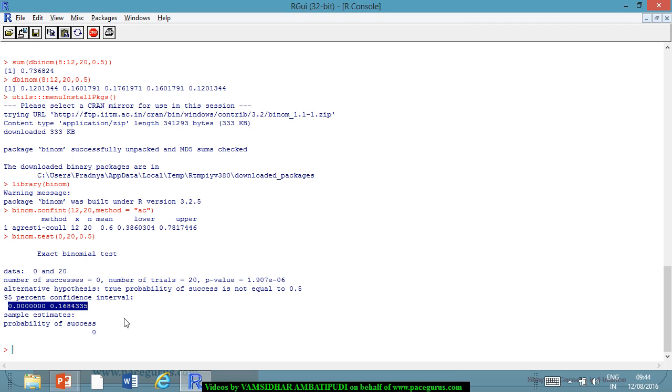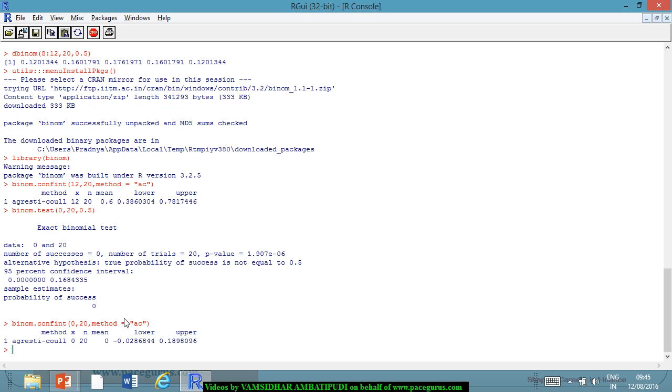But if I do the same using this method, I get minus 0.02 to 0.18. So if I can ignore the minus 0.02, I am getting 0 to 0.18 kind of an interval.